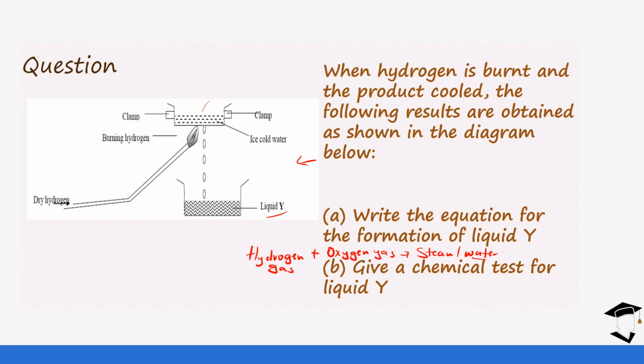So the next question is give a chemical test for liquid Y. So we have been taught to test the water that is being produced. So we said it can be tested in two ways.